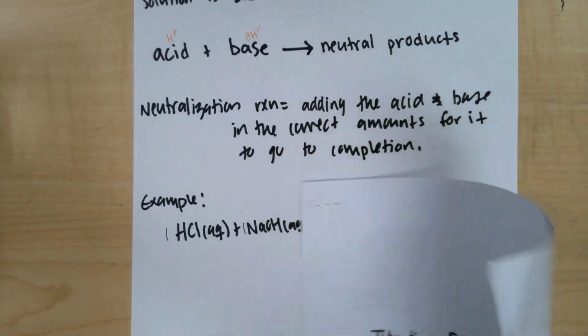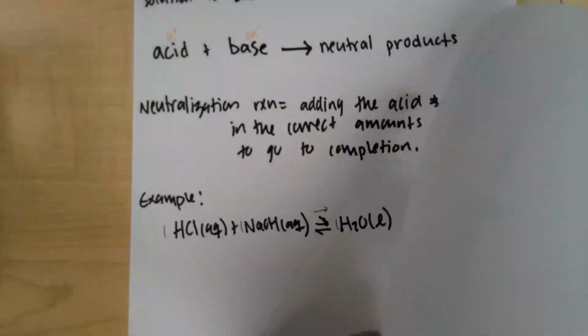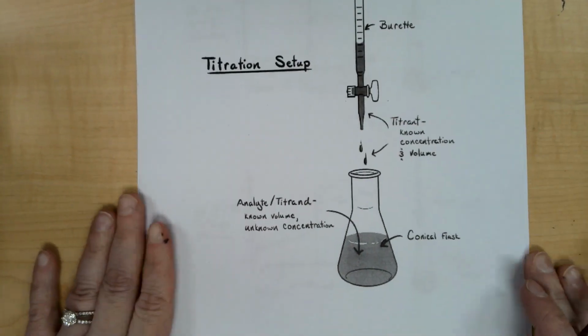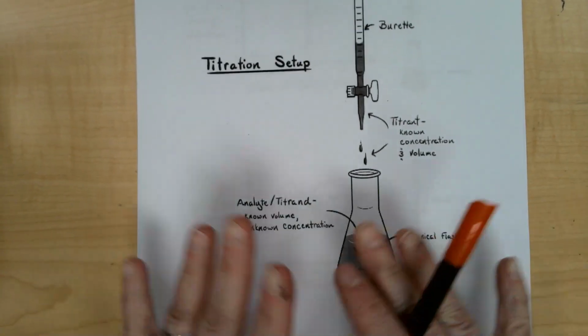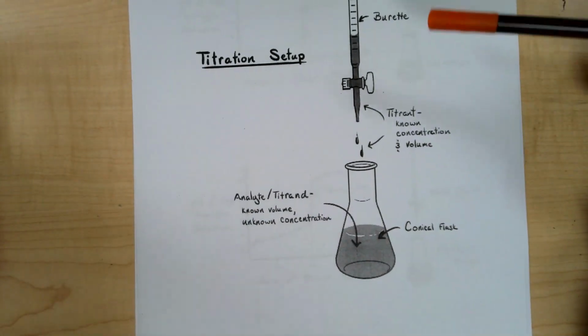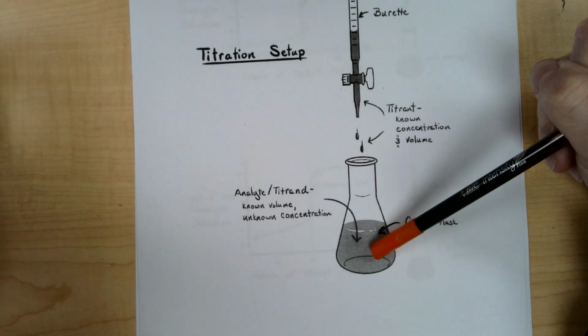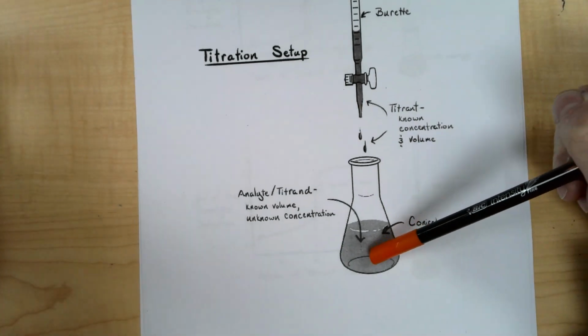So let me walk through a couple little things. We'll get to these graphs in a minute. But what we're going to do in these labs is usually put a special indicator into the analyte, the thing that we're analyzing and trying to figure out.